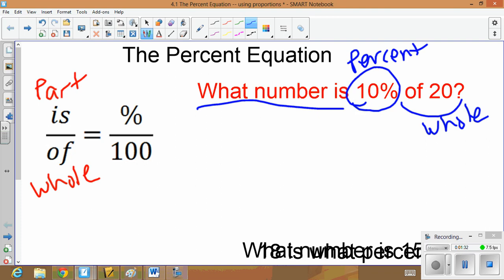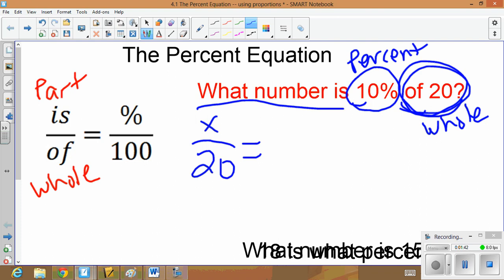It doesn't matter. So x over the whole, or of, that's right here. Of 20. So over 20 equals, do I have a percent? My percent's right here. 10%. So 10 over 100. And back in chapter 3, I taught you numerous ways to solve proportions.